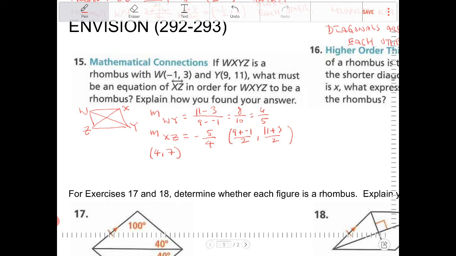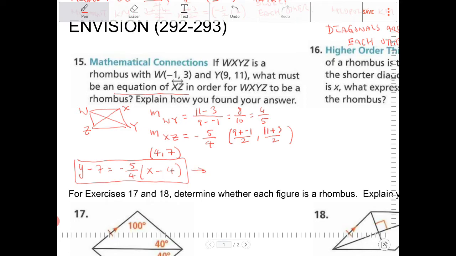So the equation, because they're asking for the equation of XZ, is the equation of a line. I want to write it in point slope form. That would be y minus 7 is equal to negative 5/4 times x minus 4. If you want to write it in slope intercept form, you can certainly do that, but it's not necessary.